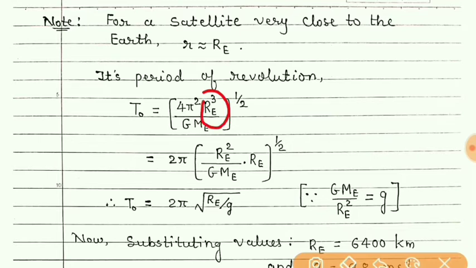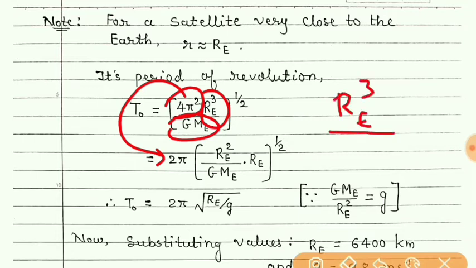Re cube and GMe. When this 4 pi square is taken out, what remains is Re cube upon GMe raised to 1 by 2.